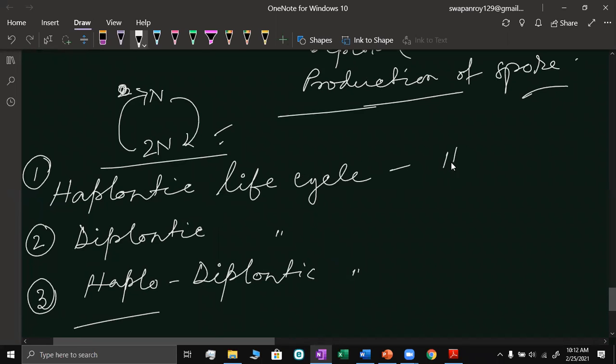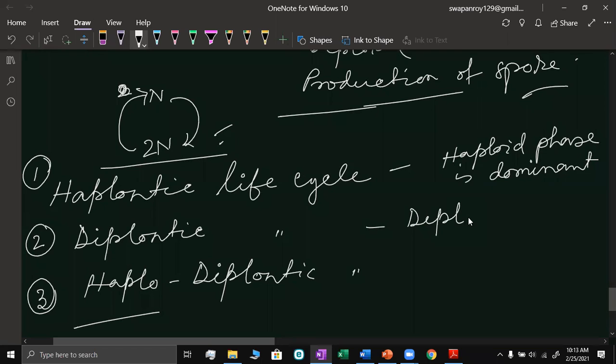The haploid phase is dominant. In the diplontic life cycle, the diploid phase is dominant.